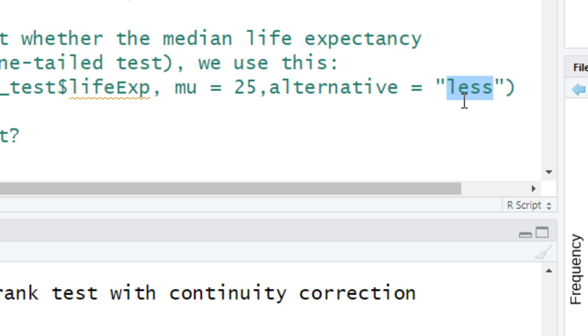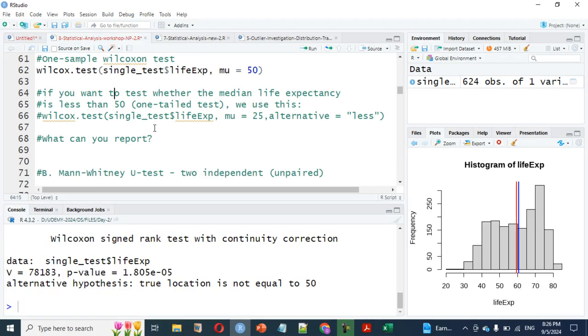One tail means you are dealing with one side of the density plot, so the area is divided in half. If we are using less than, we say less; if greater than, we say greater. That is how to do a one-tail test using the Wilcoxon test as well. It's as simple as that.